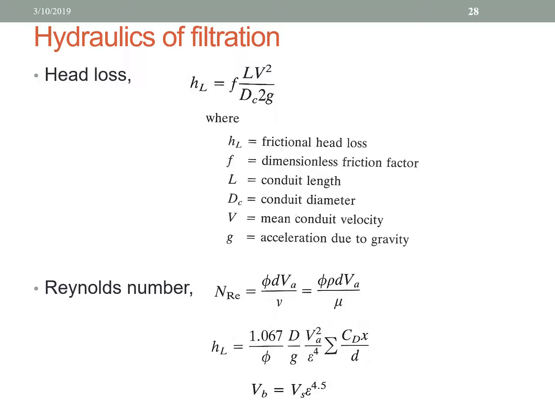And v_b will be phi epsilon to 4.5. Epsilon is porosity. Also, please pause here, go to the Environmental section, go to filters in the water and wastewater section, and try to find head loss. There's head loss for filters.